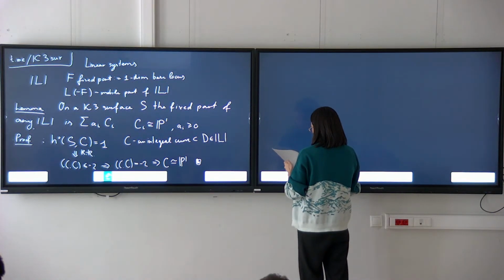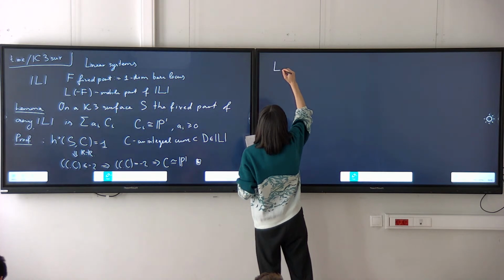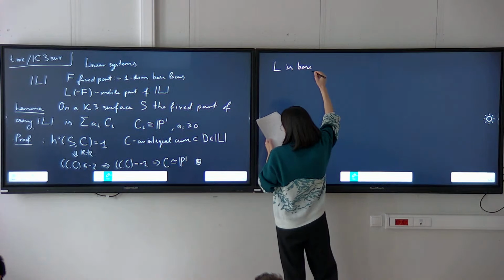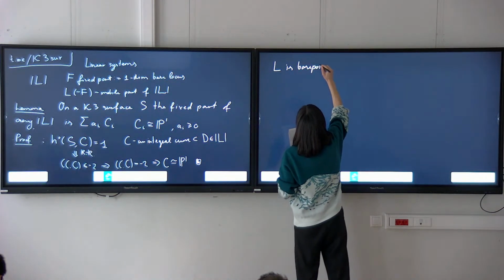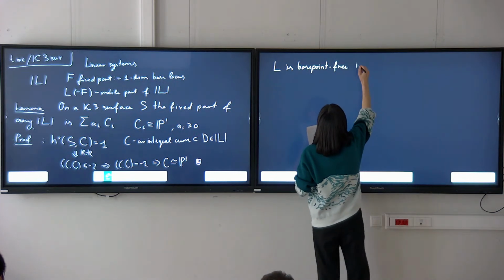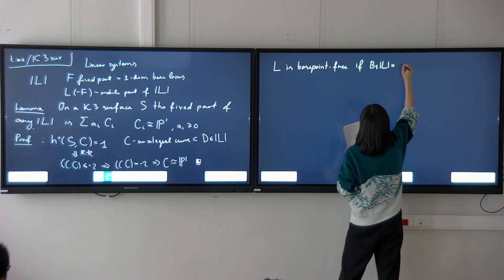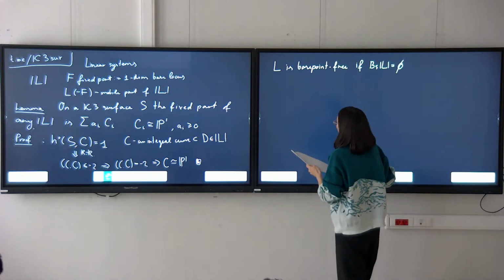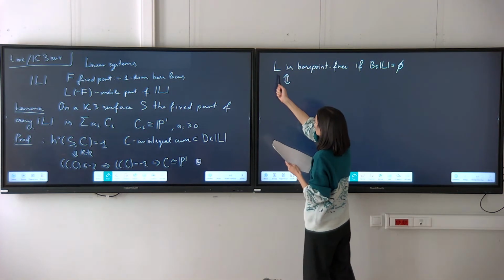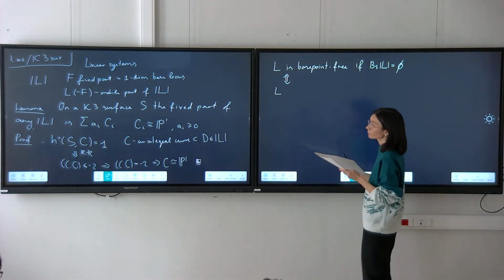And now, let me also recall that L is called base point free if its base locus is empty. What is the condition on the line bundle? Who knows that it's base point free?